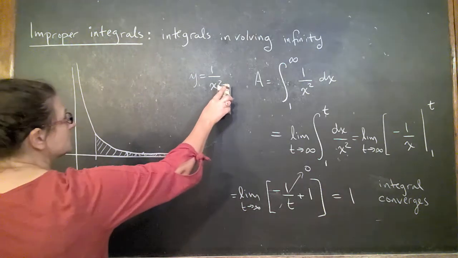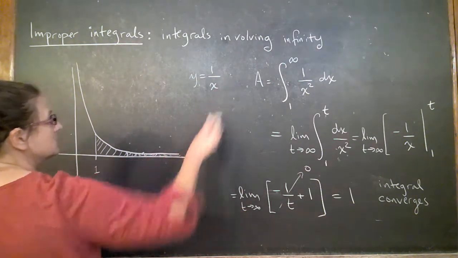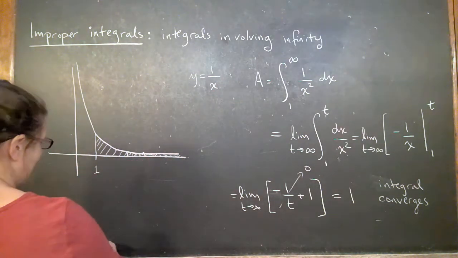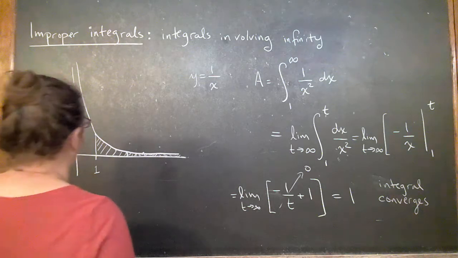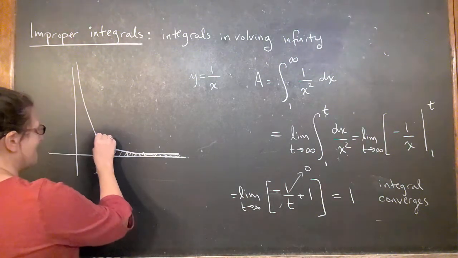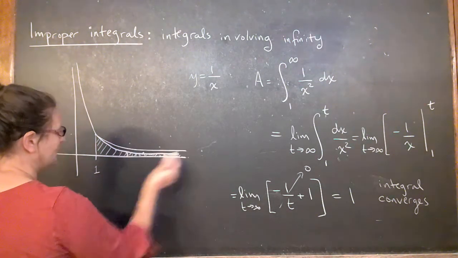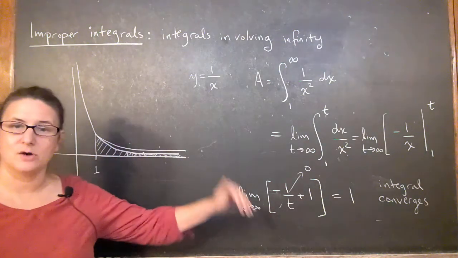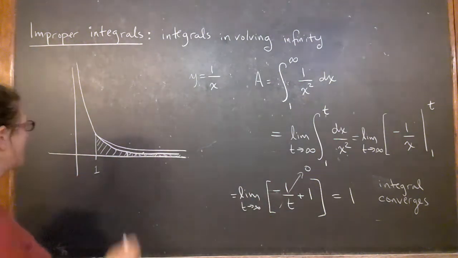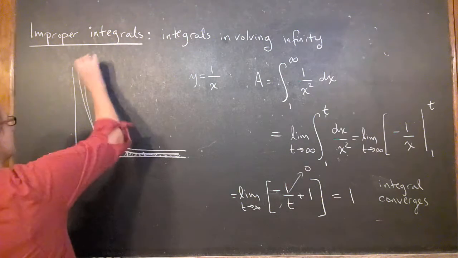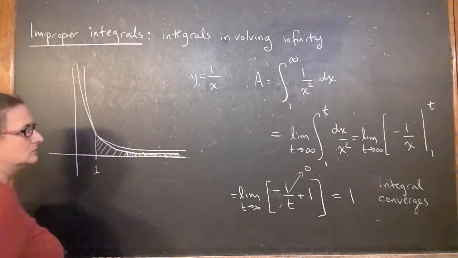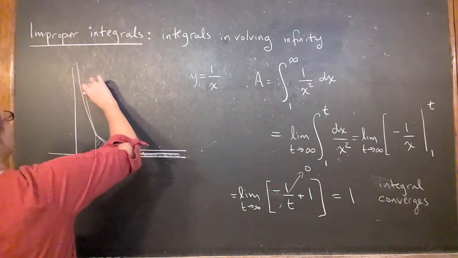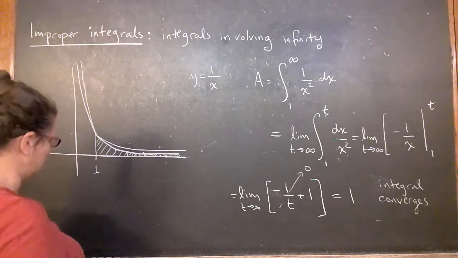In fact, we can make a very small change here. We can consider the function 1 over x, which looks very similar, but doesn't go down quite as fast. So that's now my 1 over x. It's going down a little bit slower. It goes up here a little bit faster too. That's not a great picture, but you get the gist.